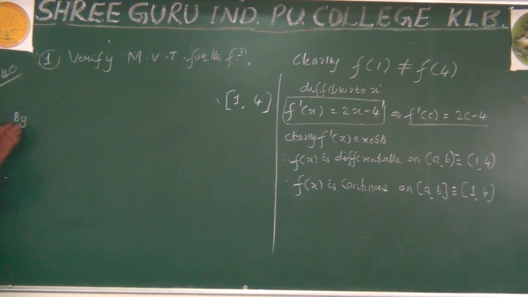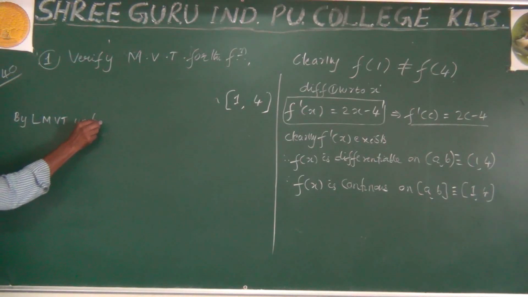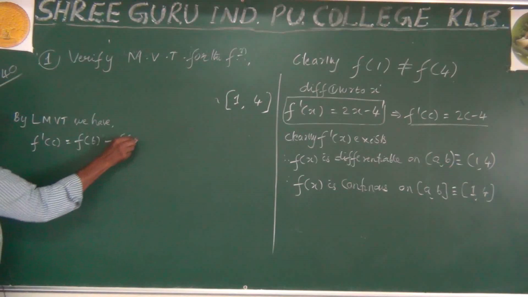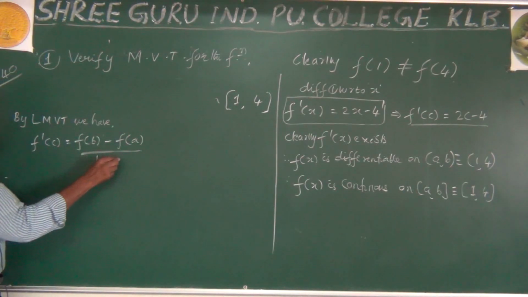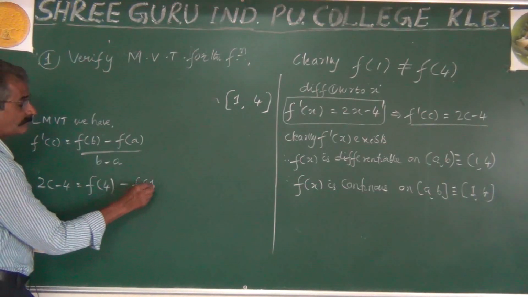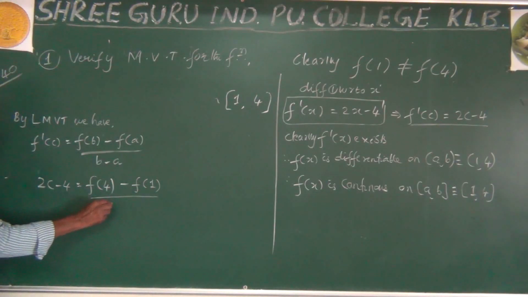Now, by LMVT we have f dash of c equal to f of b minus f of a divided by b minus a. That is f dash of c, means 2c minus 4, equal to f of 4 minus f of 1 by 4 minus 1.